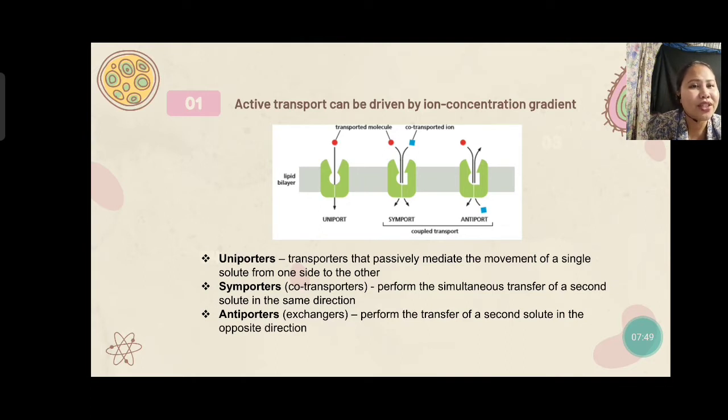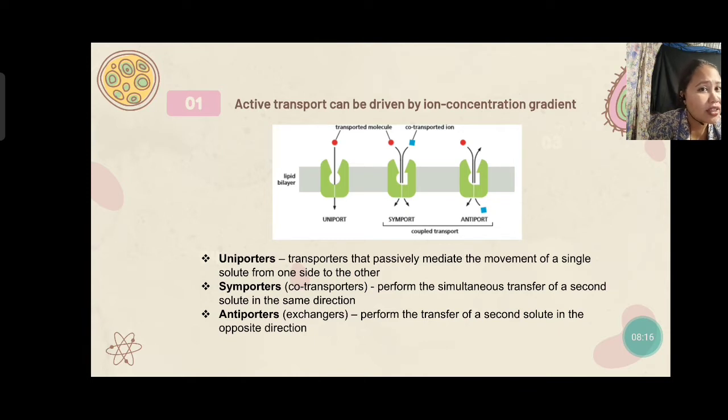While the symporters are also called co-transporters. They perform the simultaneous transfer of a second solute in the same direction. So, the transported molecule and the co-transported ion transfer in the same direction.